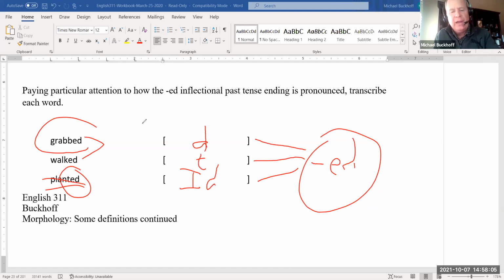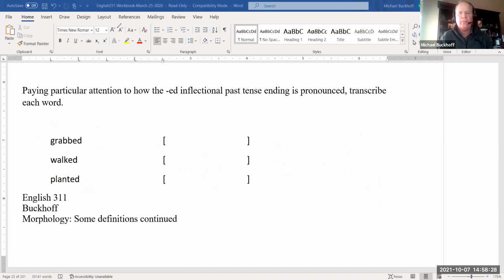And then it says, well, the id is going to come after any word that ends in a T or D because we cannot apply the above two rules. So then we create the additional syllable so we can mark it as either the past tense or the past participle inflectional ending. We do it so our listeners can hear what we're saying. They can get the right time frame. So that's one example.